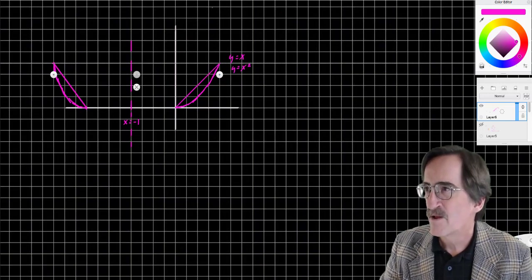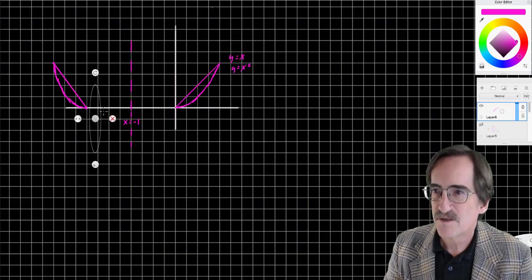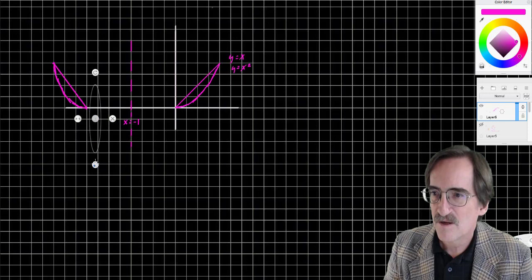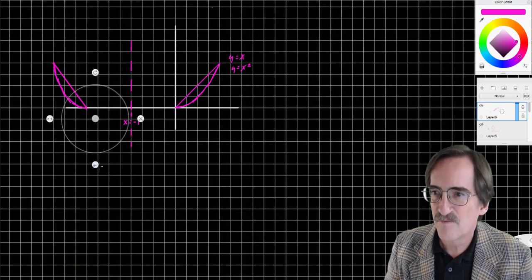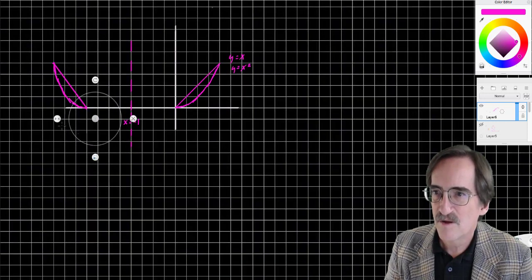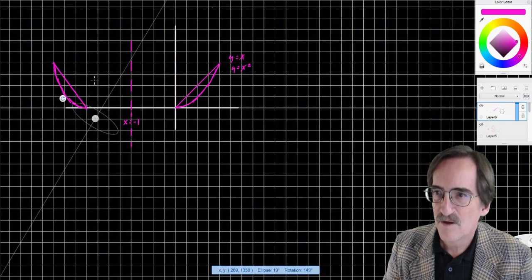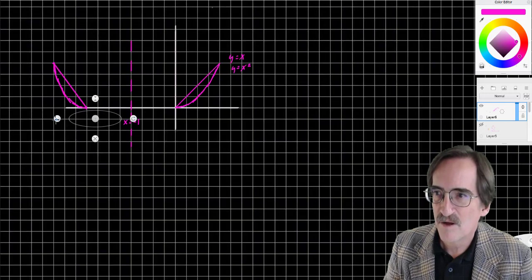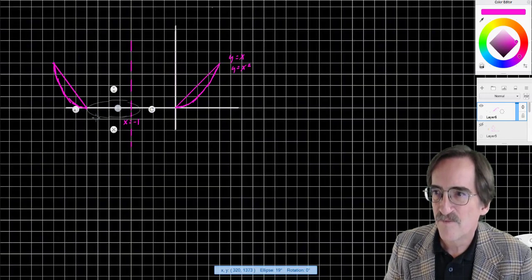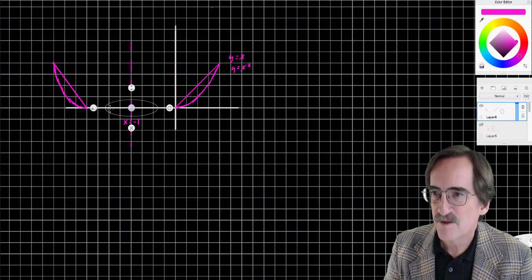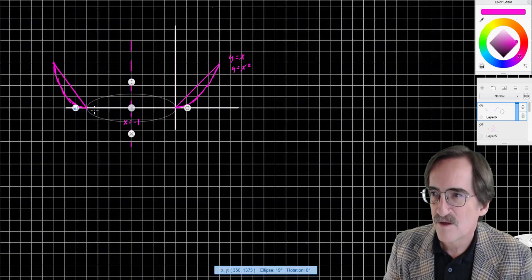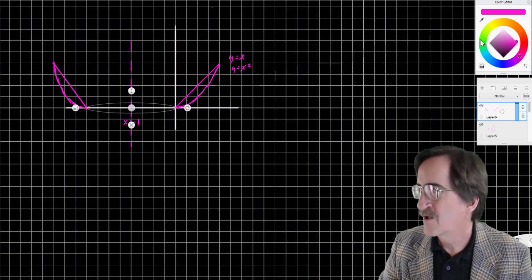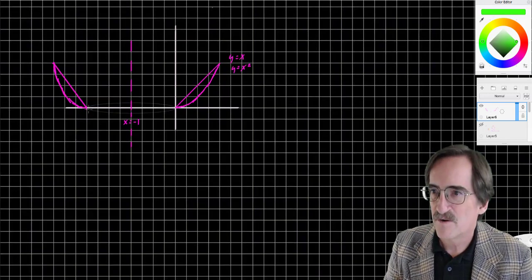Okay, center it. Flatten it. Let's draw it in green here.